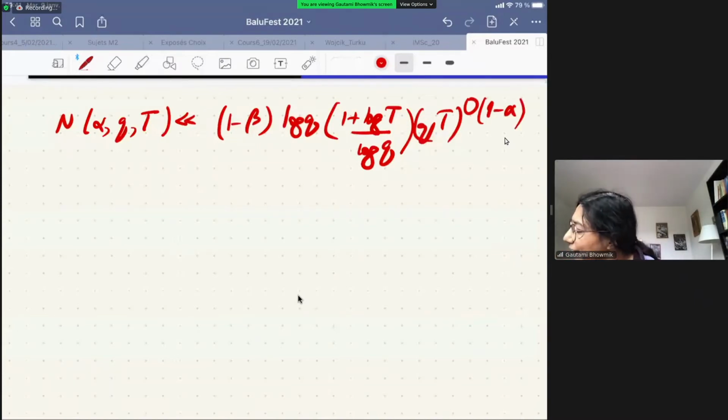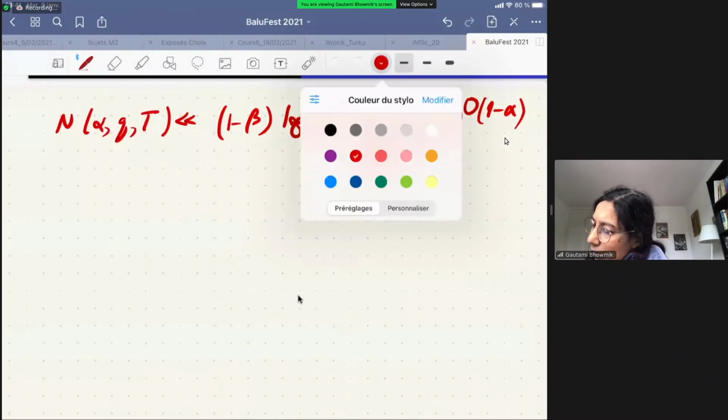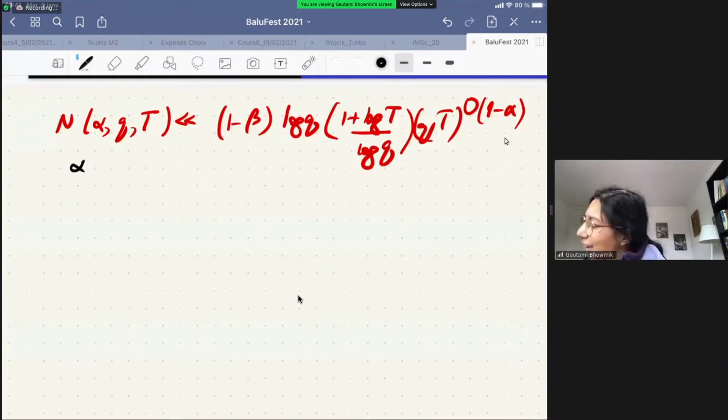Okay, what are all these things? What is this N? It is now the number of zeros counted with multiplicity, for any L function of modulus q. And alpha is a bound for sigma.